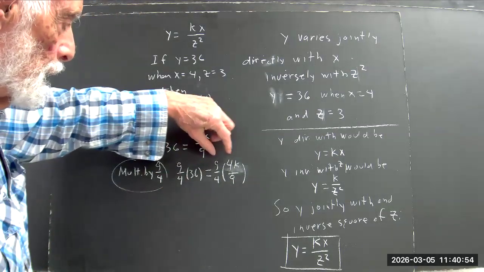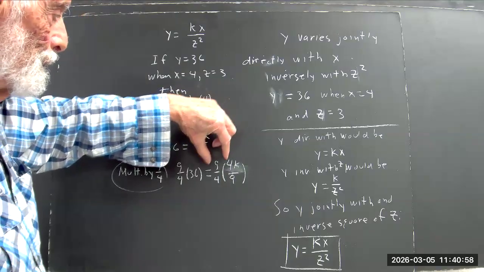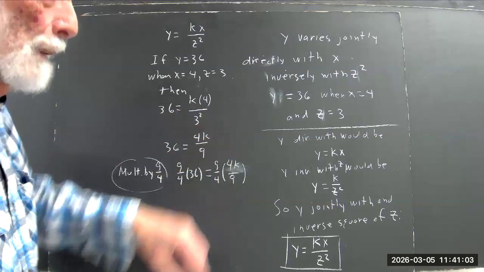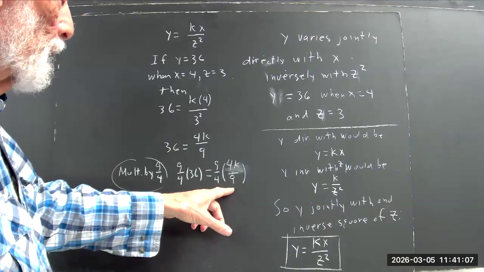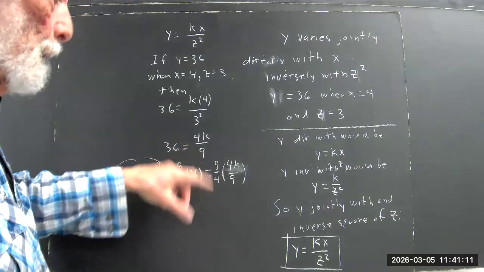Now, if I multiply the right-hand side out, 9 times 4 is 36. 4 times 9 is 36. So you have 36 divided by 36. Or you can just see that 9 is a factor of the denominator and 9 is a factor of the numerator. So they divide out.